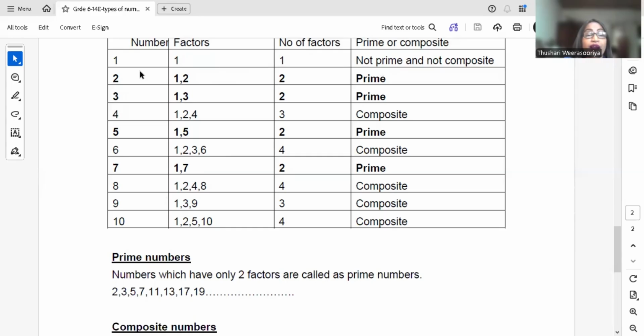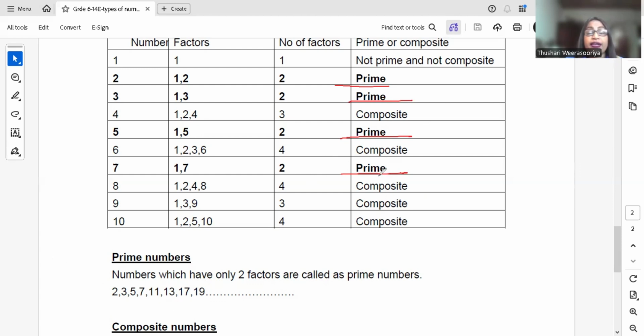I have done this up to 10. Okay? Right? 2 has only two factors. Then that is prime. 3 has two factors. That is prime. 5 has two factors. Only two factors. Prime. 7 has only two factors. Prime. Right? Then numbers which have only two factors are called prime numbers.